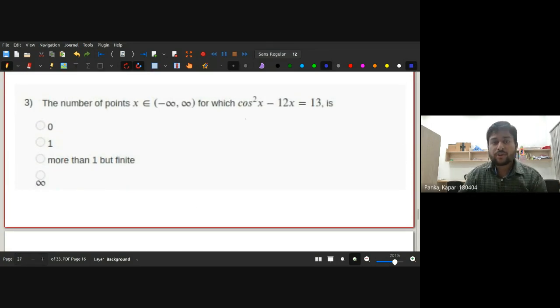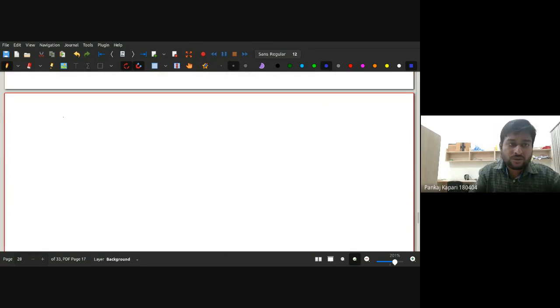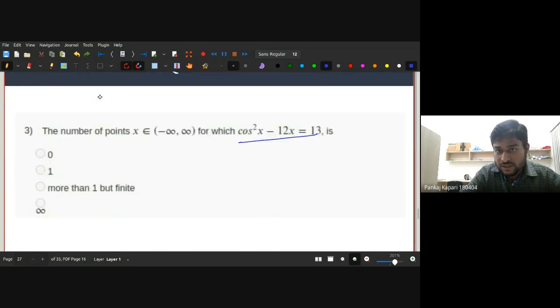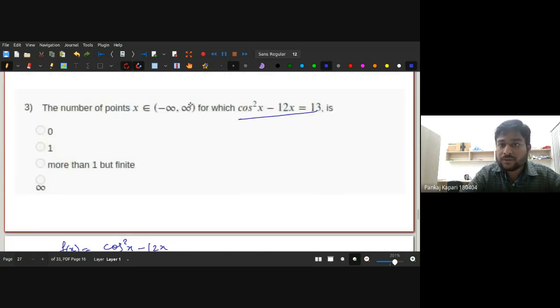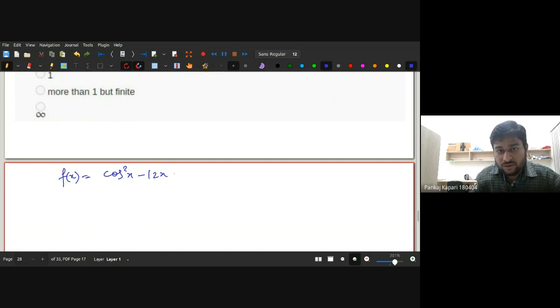So in this problem, you have to find the number of points for which this equation gets satisfied. Okay, so let me define this function f(x), which is cos square x minus 12x minus 13.